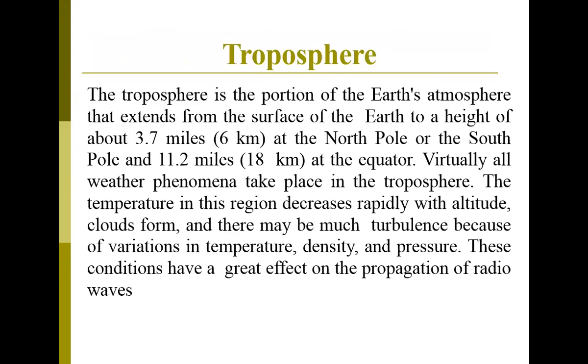Troposphere: the portion of the Earth's atmosphere that extends from the surface of Earth to a height of about 3.7 miles, 6 kilometers at the North Pole or the South Pole, and 11.2 miles, 18 kilometers at the equator. So this you have to remember, because a value has been given.